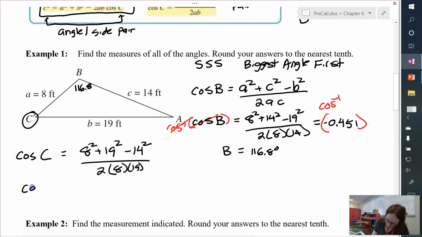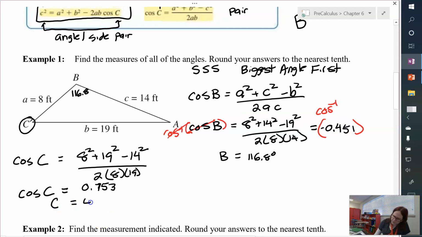I get cosine of C equals 0.75. Let's inverse cosine that, and angle C is going to be 41.1 degrees.